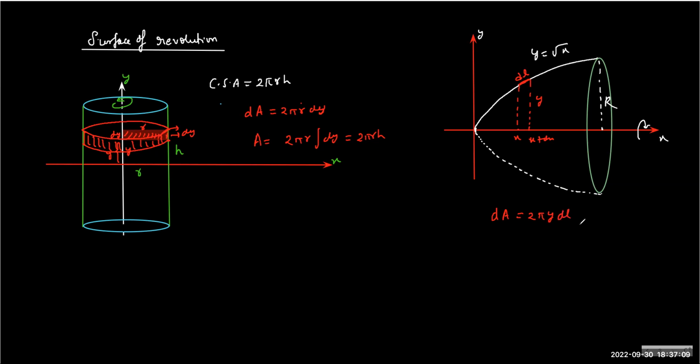So in one rotation, you will actually trace this much area. I hope you can see this trace part. And this is the area you're tracing.